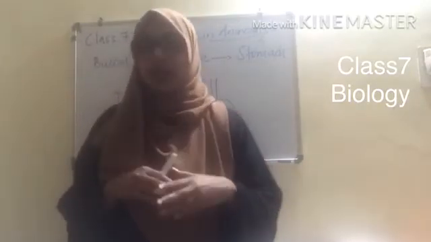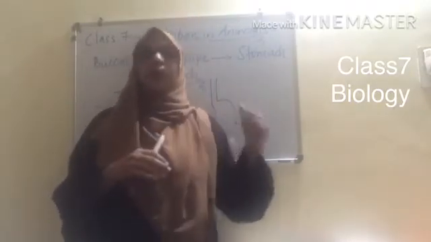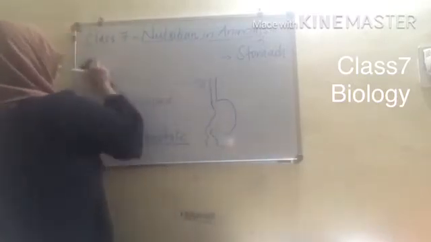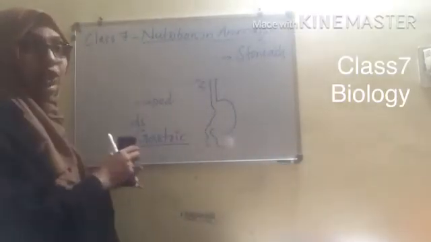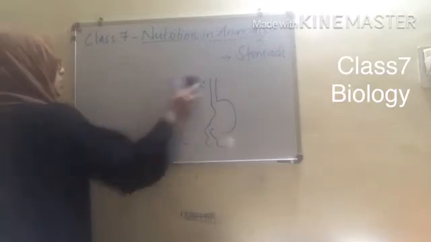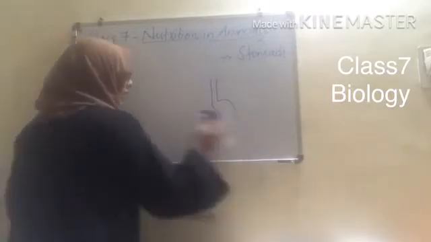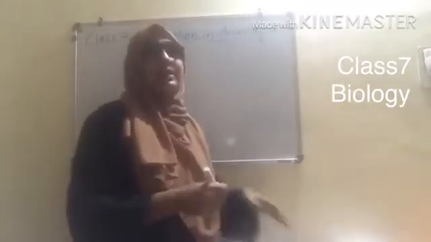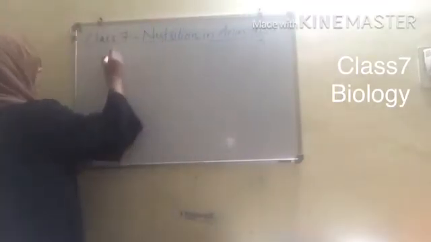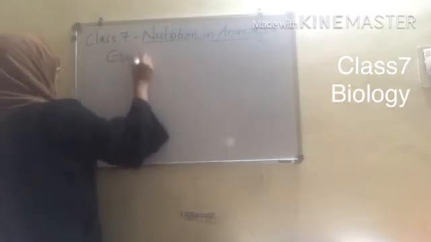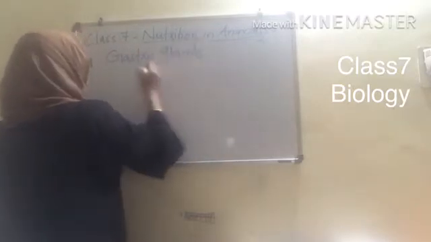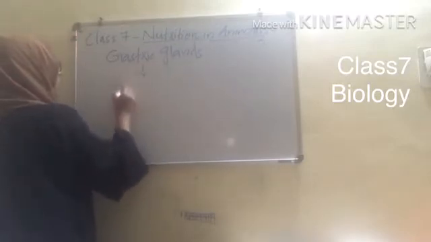Gastric glands are the glands present over the walls of the stomach. And the gastric glands are responsible for the secretion of gastric juice. They are the digestive juice secreted by the gastric glands present in the stomach. Gastric glands secrete what? Gastric juice.